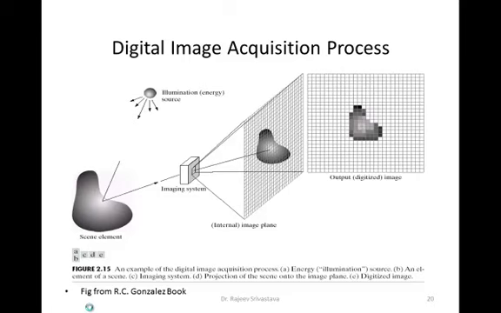Now, the digital image acquisition process. This diagram explains the acquisition of an image and its digitization process. This is the scene element of a given object.